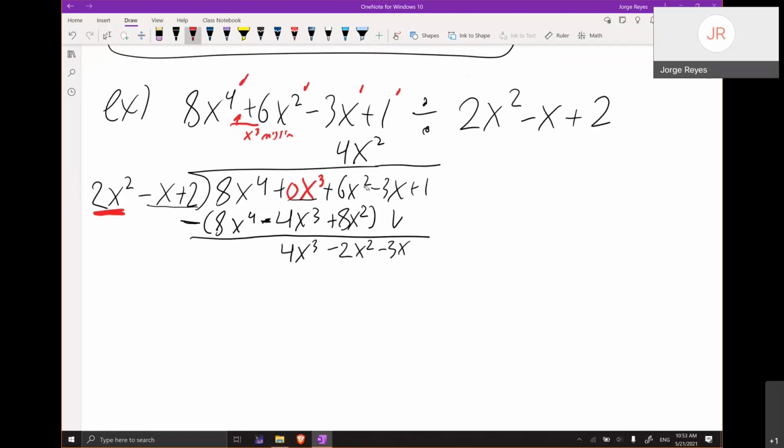Okay, now we do it all over again. What times 2x squared gets me 4x cubed? That's 2x, hopefully. Okay, so then you're gonna get 4x cubed plus 2x squared plus 4x.